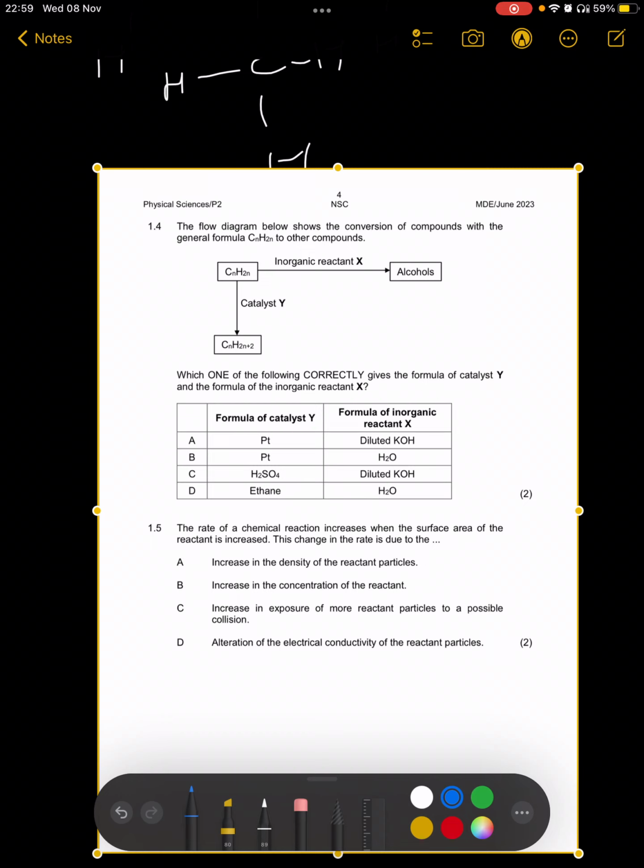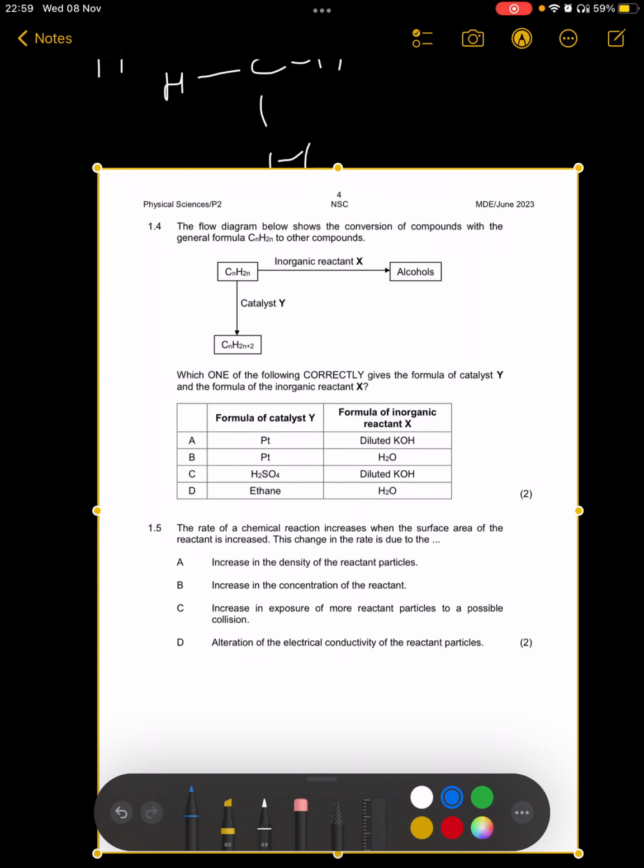a flow diagram which normally appears in question 4. Now these are conversions from a general formula CnH2n, and CnH2n is a general formula for alkenes.